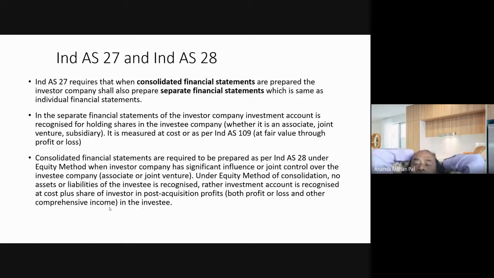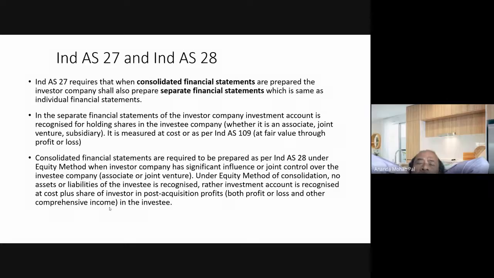Suppose the total comprehensive income of 50,000 of that associate was divided into 30,000 profit and loss and 20,000 other comprehensive income. So my share would be 20% of 30,000, that is 6,000 as profit and loss to be credited, and 20% of rupees 20,000, that is 4,000, should be other comprehensive income credited.